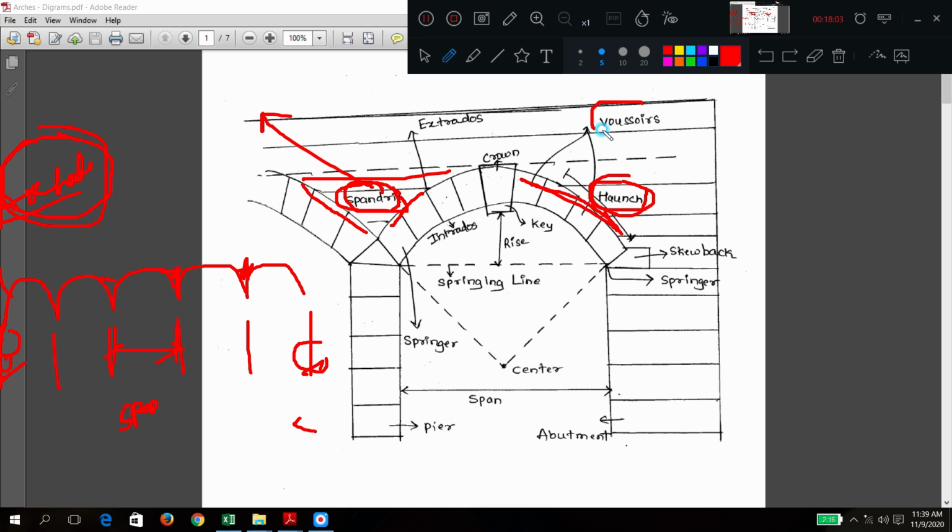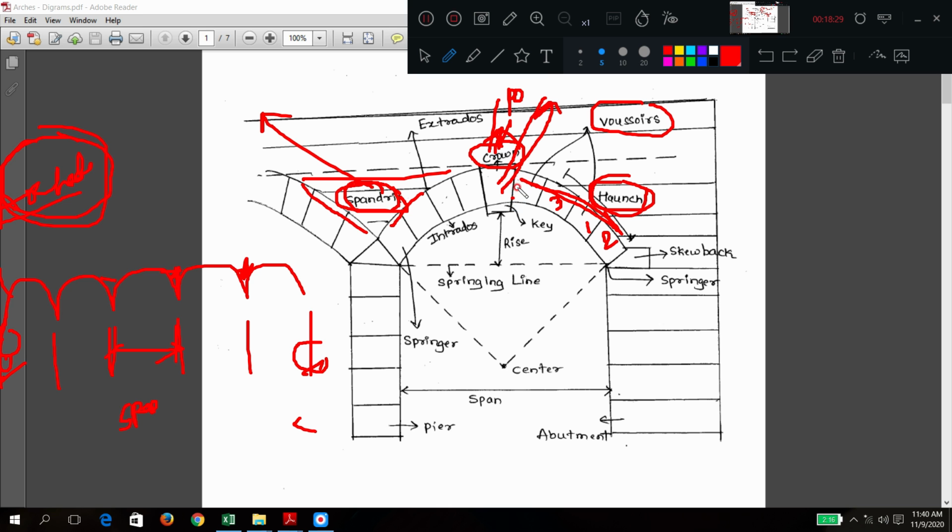What are voussoirs? Voussoirs are the individual units. What is the crown? The crown is the topmost position or point. What is the key? The key is the topmost block. It is not a position. Keystone means it is a unit, a stone or brick. The crown is a position, a place.